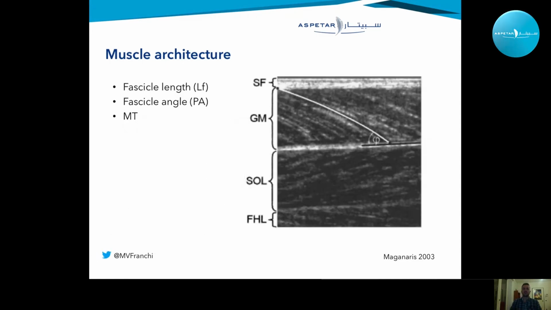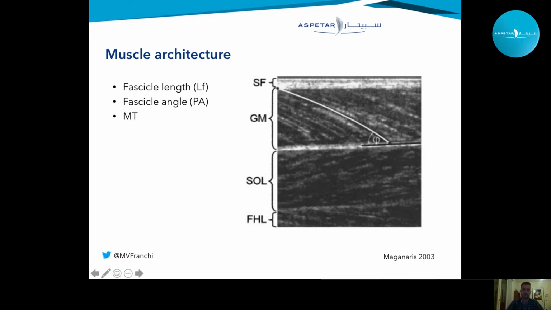But to understand what muscle architecture is in the practical aspect, we should look at an ultrasound image, for example. This is the gastrocnemius medialis, and this is the soleus muscle. You have here the superficial aponeurosis and the deep aponeurosis, which are tendon layers that pack the muscle within.